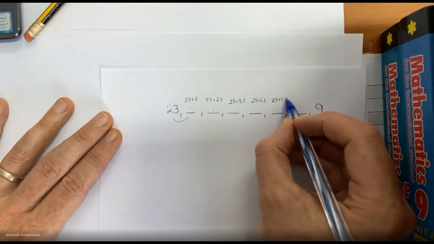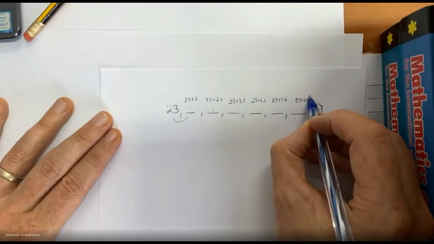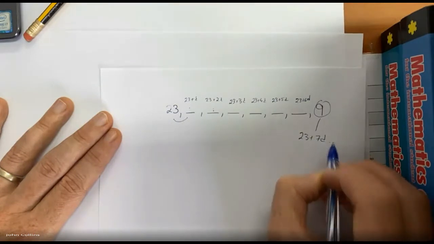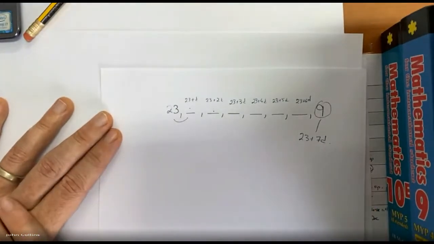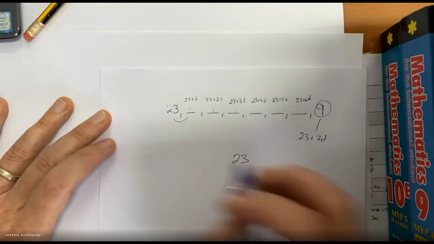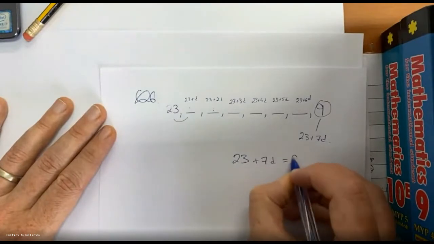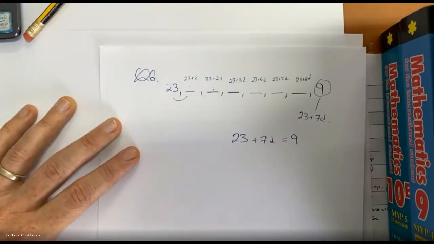23 plus 6 differences. And this is 23 plus 7 differences. If the differences are constant, we don't know what they are, but if they're constant, they will form an arithmetic sequence. So remember this is question 6. 23 plus 7 differences is 9. Okay?